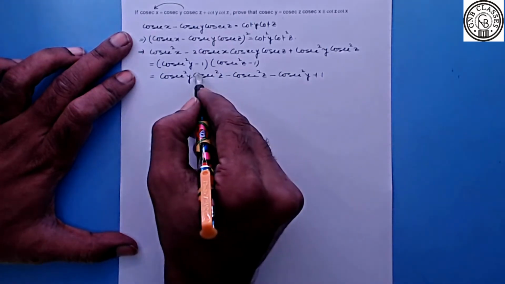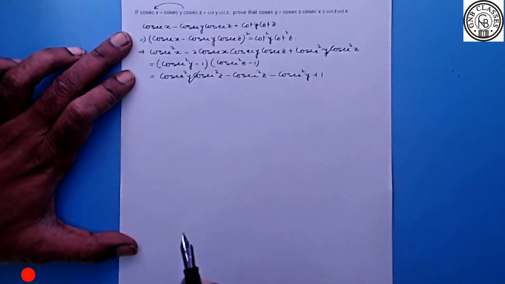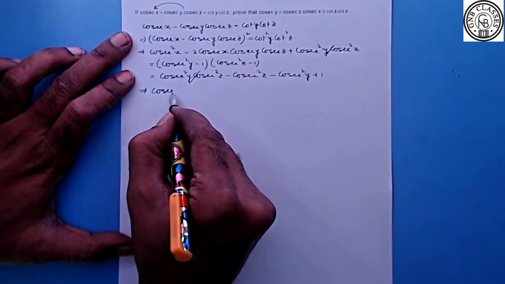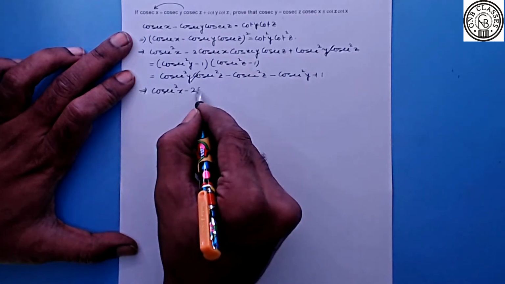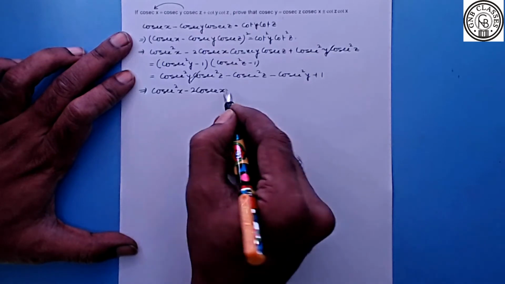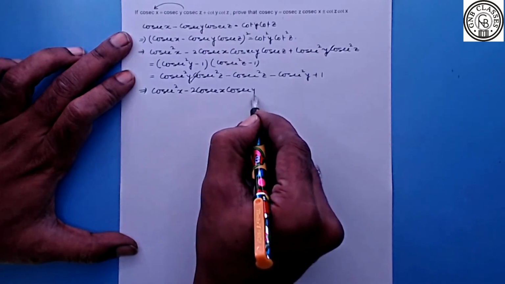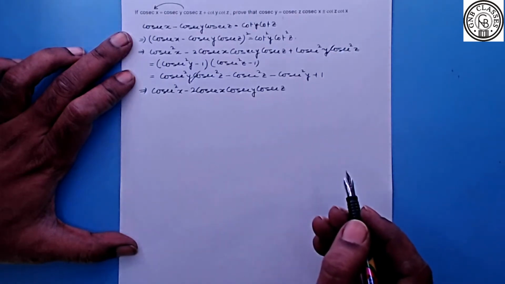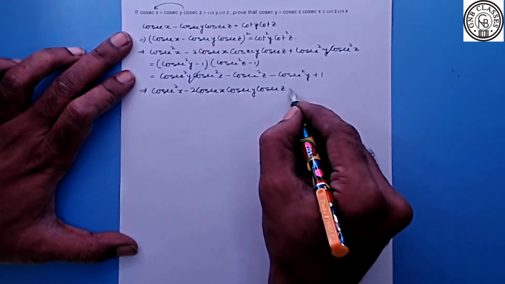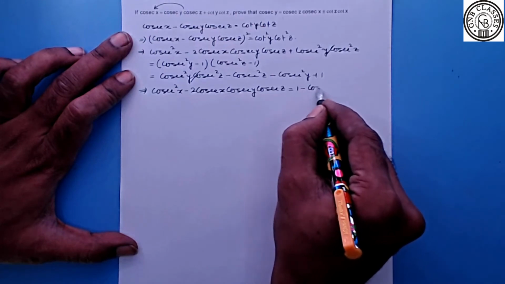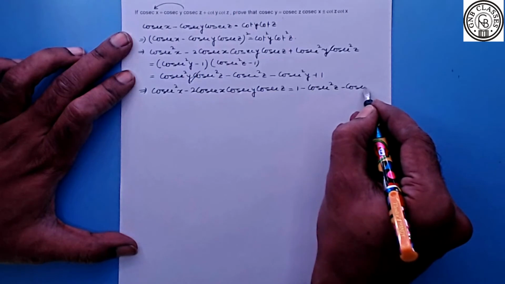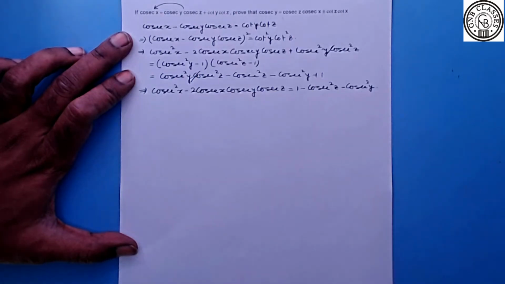Okay. Now this and this will go off. So we are left with, in the left hand side, and in the right hand side we are left with, okay.